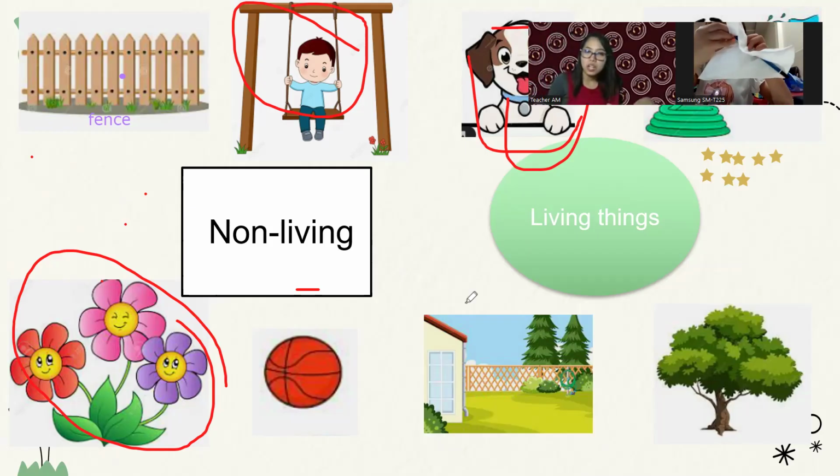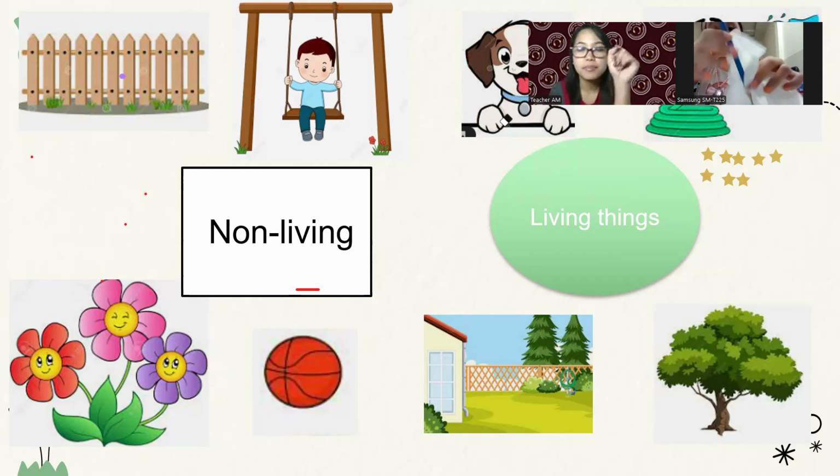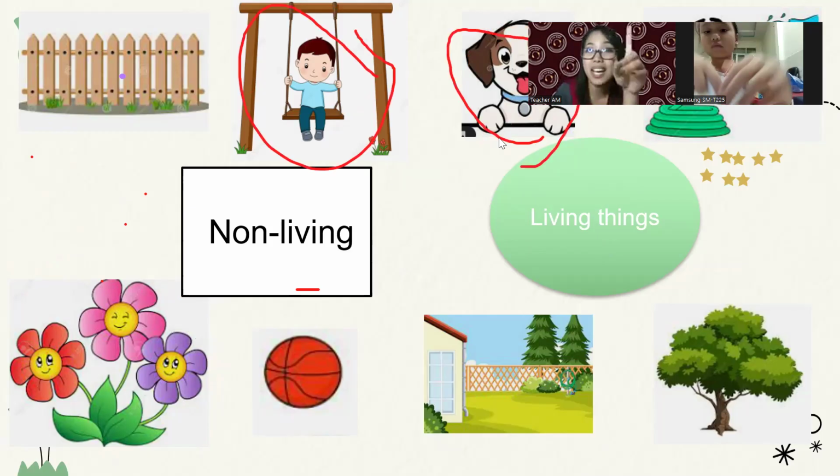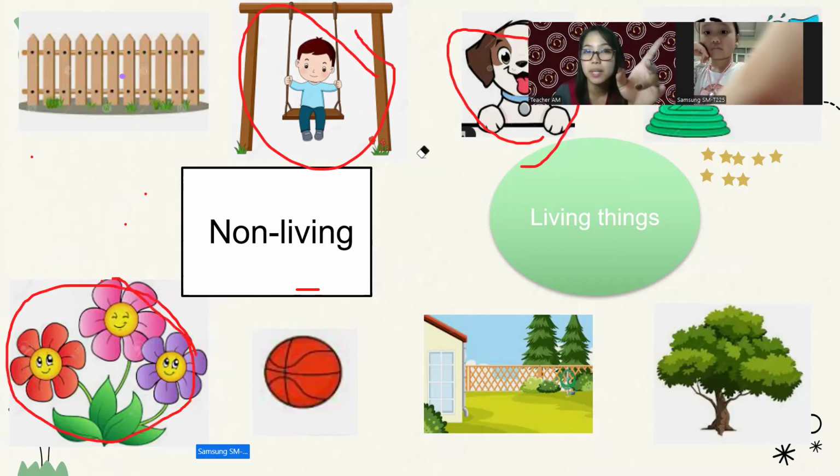Okay, now look at the ball. Is it living or non-living? Not living. Very good. Now this time, give me another three living things, aside from the ones that you can see here in the picture.